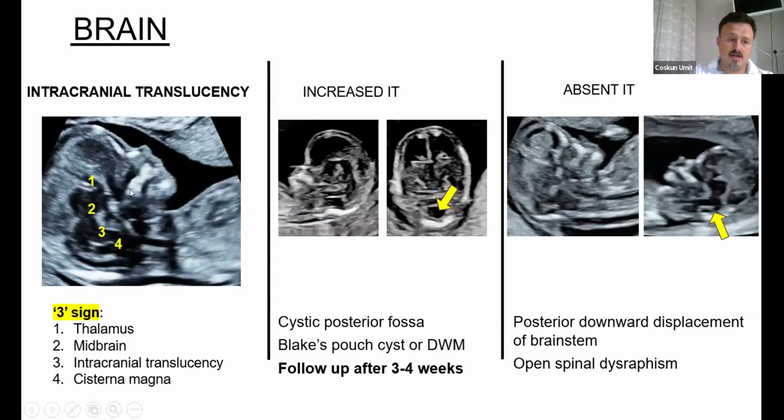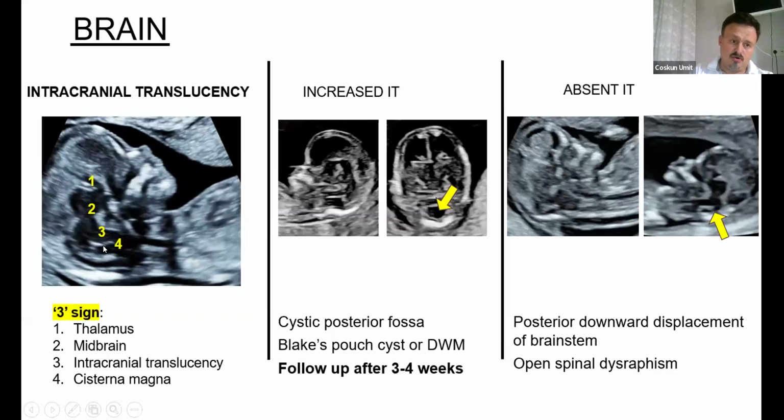Here is another example, the brain intracranial translucency. As you can see here, three signs: thalamus, midbrain, intracranial translucency, and cisterna magna. If there is an open spina bifida, all the brain structures move toward the baby's foot.